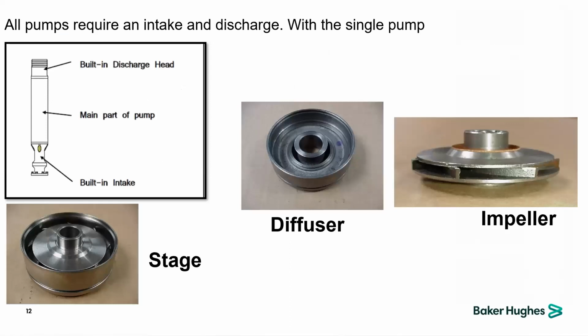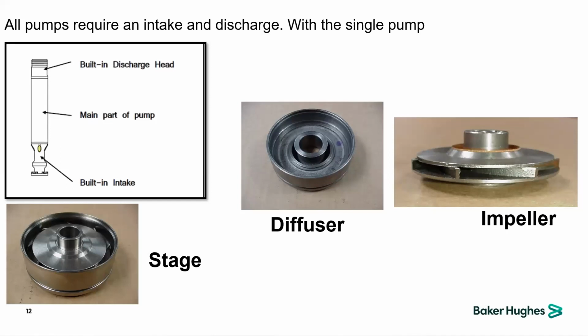In order to imagine how each stage looks, on the left-hand side at the bottom of the slide you can see a picture of one stage, and on the right-hand side you will see the two parts of each stage, which are called impeller and diffuser.